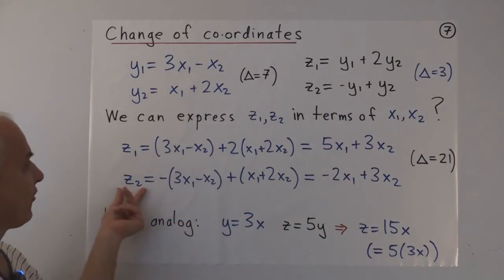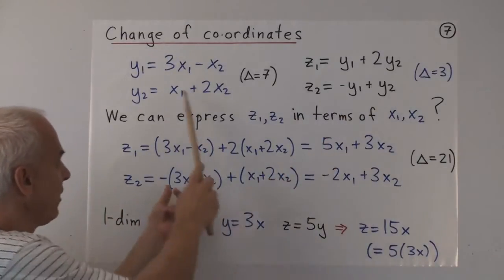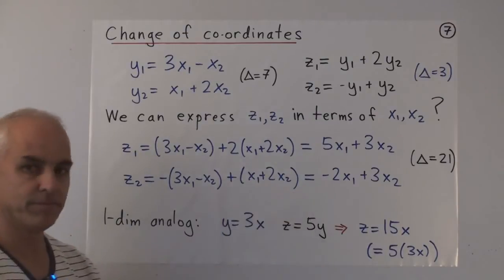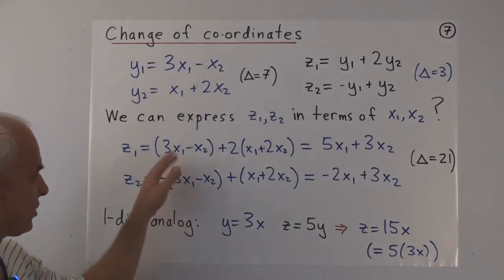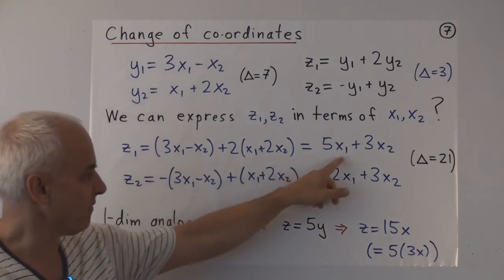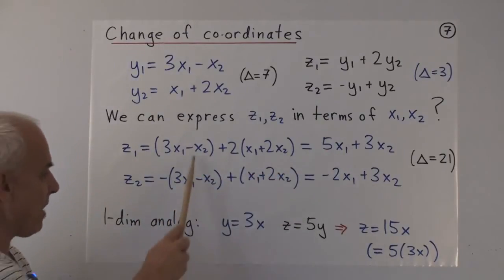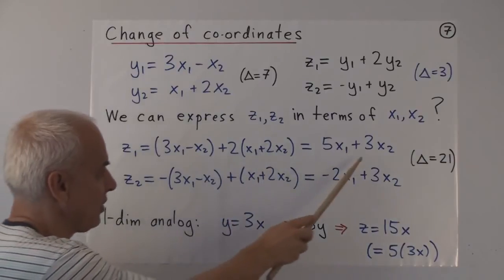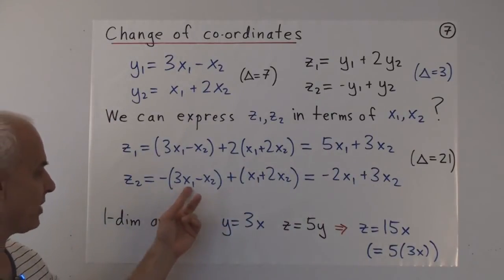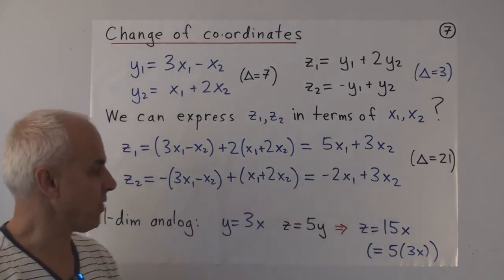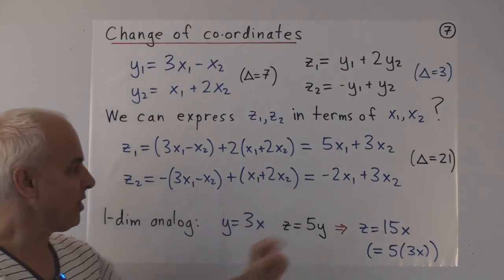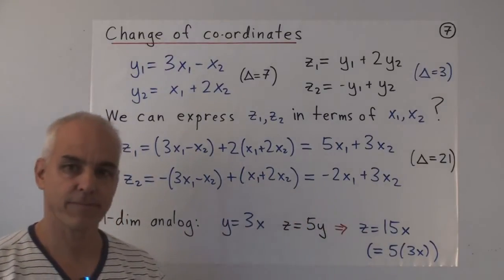And z2 is minus y1 plus y2. There's y1, there's minus y1 plus y2. And now we just expand this out. There's 3x1 there plus 2x1. There's a total of 5x1. There's minus x2 plus 4x2, a total of 3x2. Here there's minus 3x1 plus x1. That's minus 2x1. And plus x2 plus 2x2 gives 3x2.